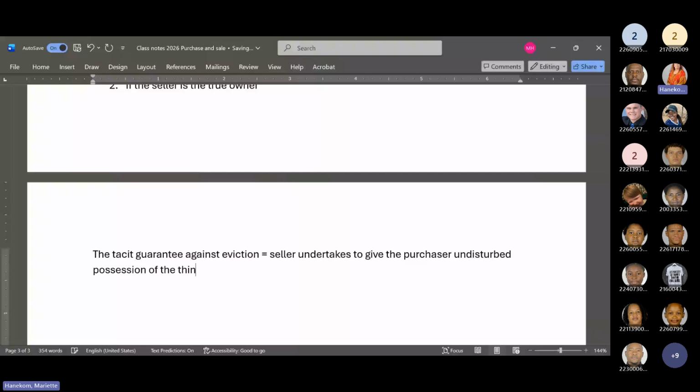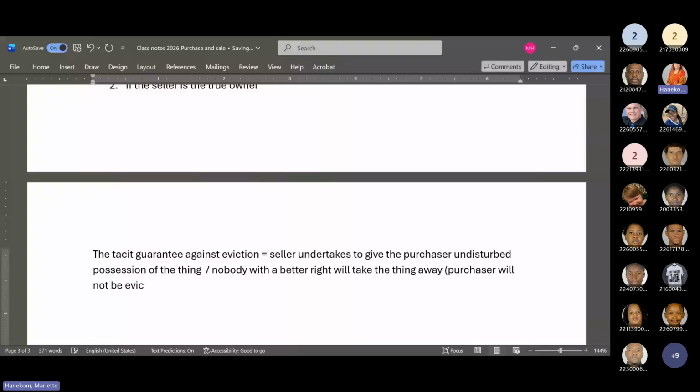Another way to say the same words, it guarantees that nobody with a better right will take the thing away. The purchaser will not be evicted.